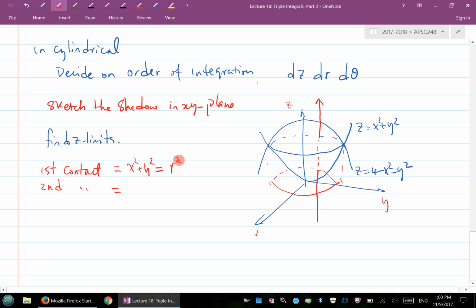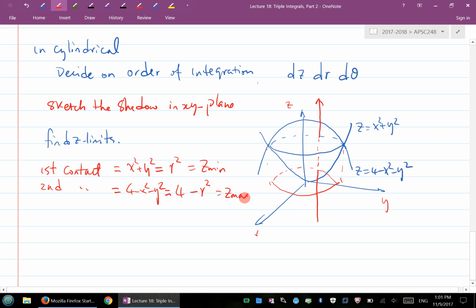So that's just r squared. The second contact is 4 minus x squared minus y squared. Same thing: replace x and y with r cos and r sin, which gives us 4 minus r squared. Now everything is consistent, purely using polar, cylindrical coordinates. So that's your z min, and this is your z max.